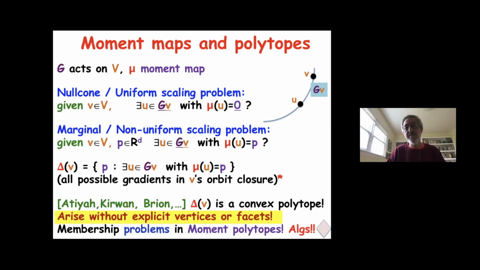There is some bizarre convex polytope. It typically will have exponentially many vertices, exponentially many facets, and so on. But at least this problem can be asked there. And it turns out that we can extend some of our geodesic algorithms to test weak membership in this moment polytope. By weak membership, I mean testing whether a point is inside or polynomially away from being inside. So we can do that too.